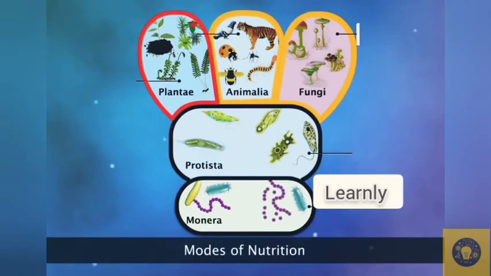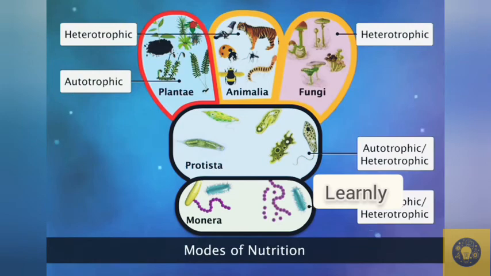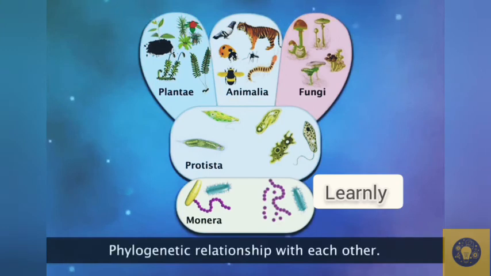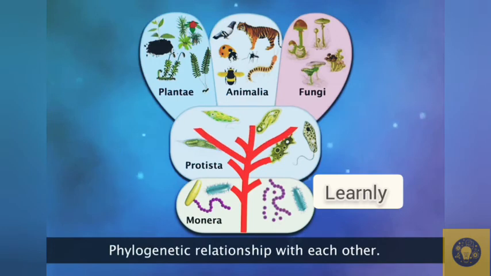Modes of nutrition, whether autotrophic or heterotrophic. And their phylogenetic relationship with each other, which is actually the degree to which those species share common ancestors.